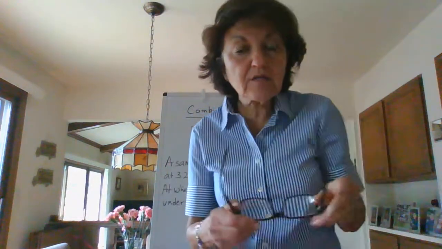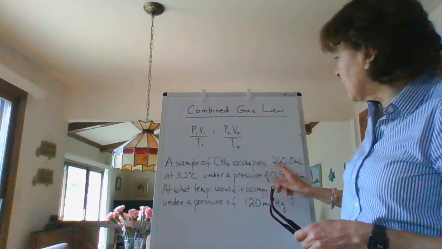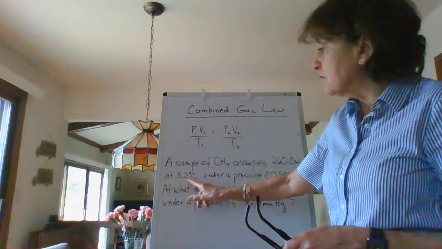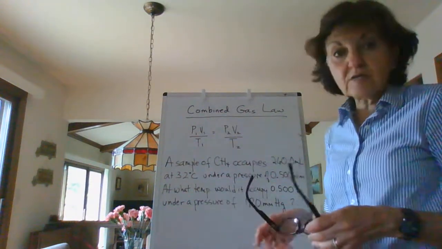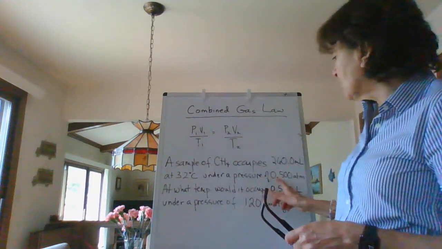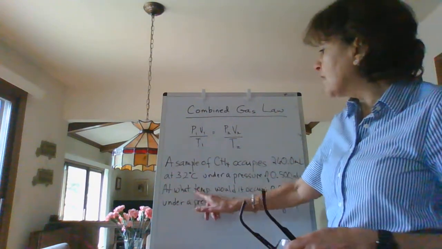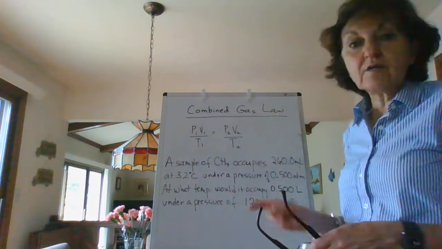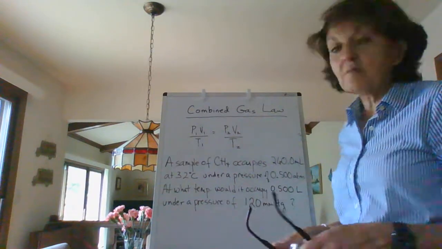Okay, so here's our little problem. A sample of methane gas occupies 260.0 milliliters at 32 degrees Celsius, so that means it's in a container that is 260 milliliters, at 32 degrees Celsius, under a pressure of 0.500 atmospheres. At what temperature would it occupy 0.500 liters, so half a liter, under a pressure of 120 millimeters of mercury?